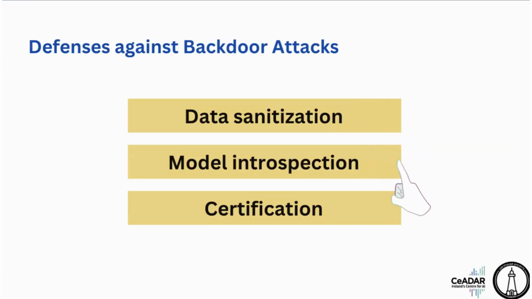Data introspection is analyzing the model's behavior to identify anomalies or patterns that could indicate a backdoor attack. And finally, certification means giving a formal certification to the model so that it is not attacked by any users or anyone.